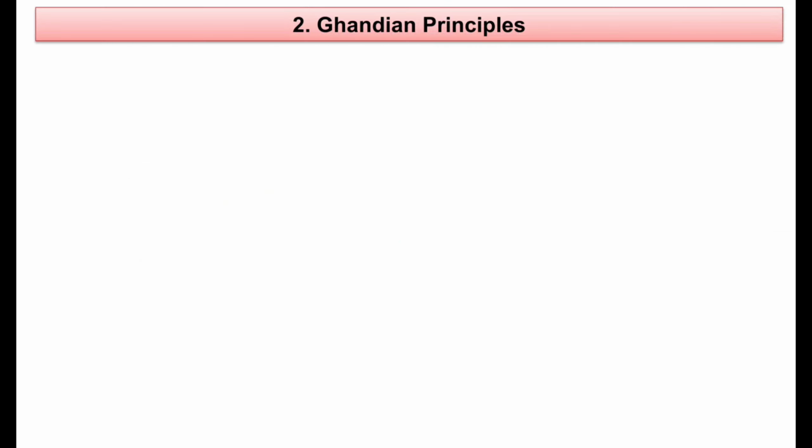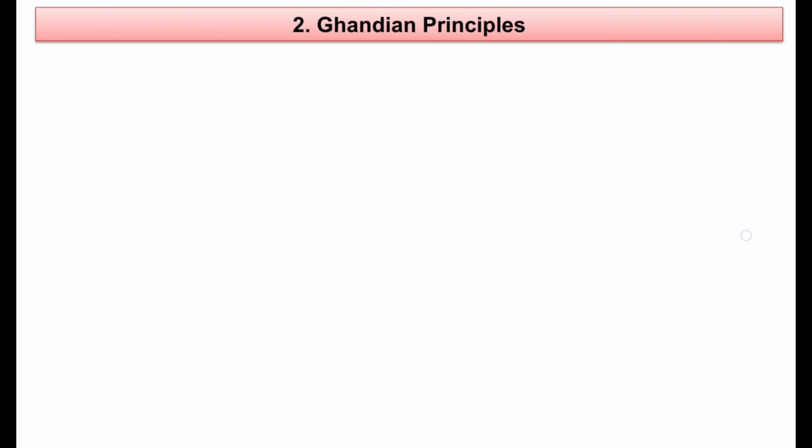Next we have, these were some of the principles listed under the socio-economic principles. Next we have the Gandhian principle, the second type. I have divided this into 3 parts as per your book, which is given there in the Lucent general knowledge. So here the second part is the Gandhian principle.